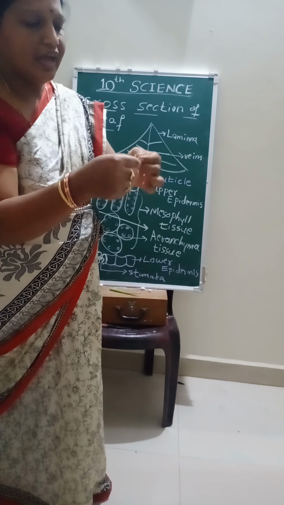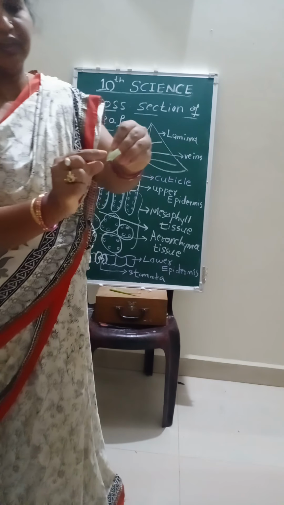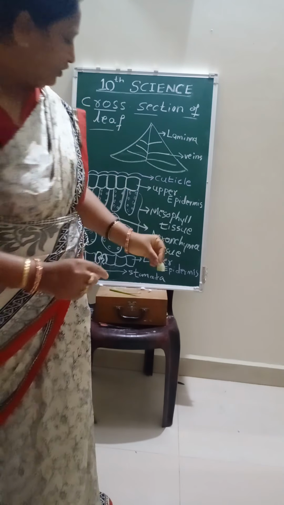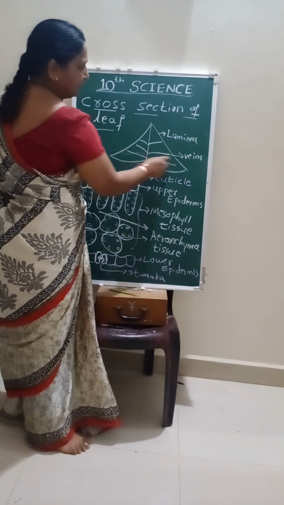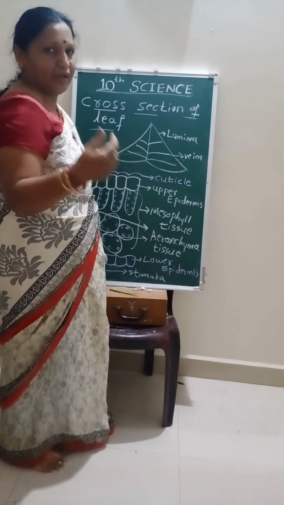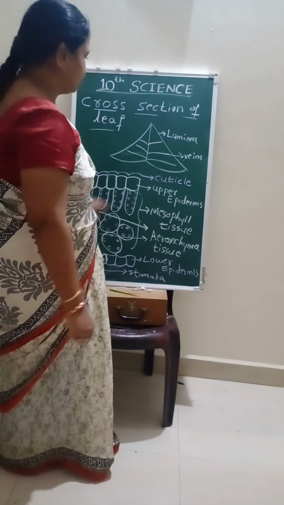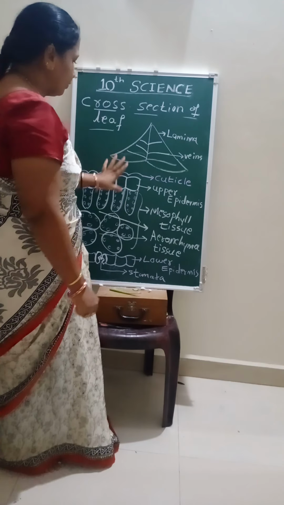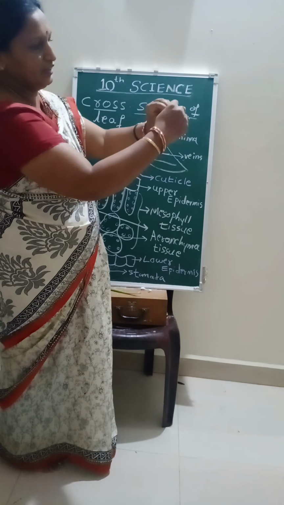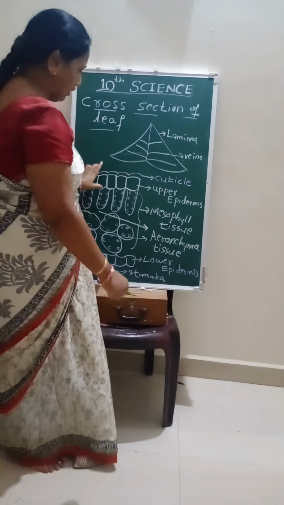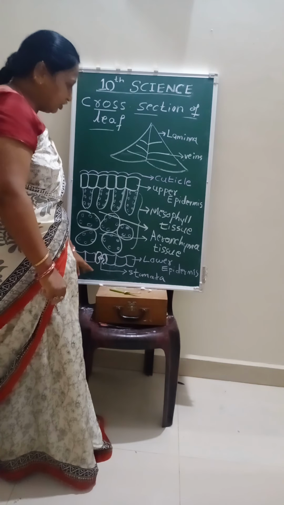This is the lamina, and these are the veins here. You can observe the veins here. There are two types of it, parallel and reticular veins. So here if we cut the cross section in between this thickness, we have these structures.